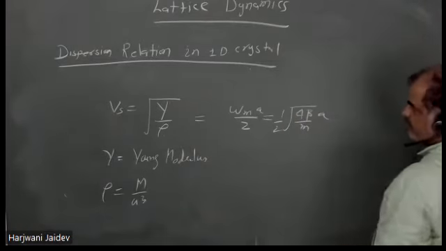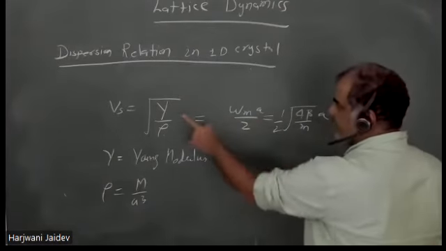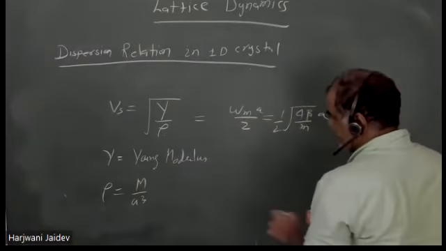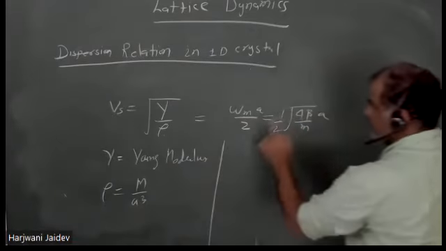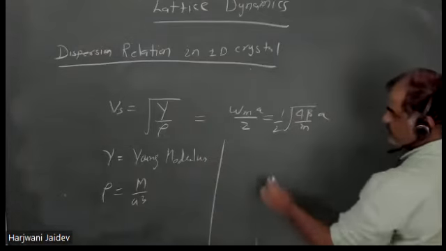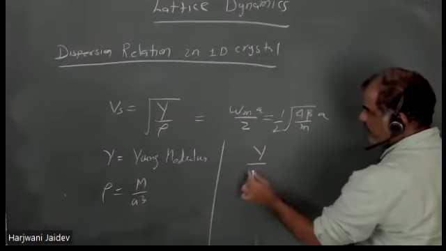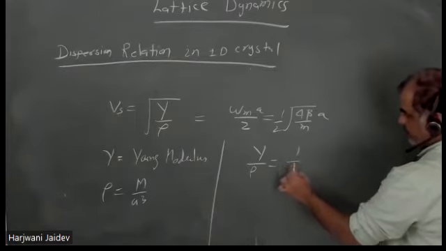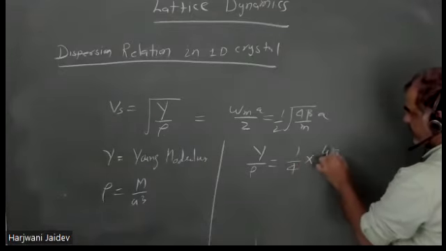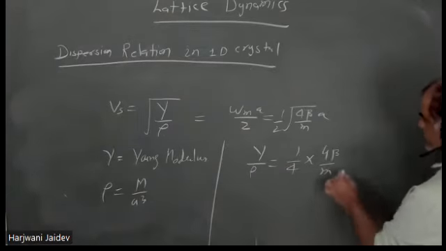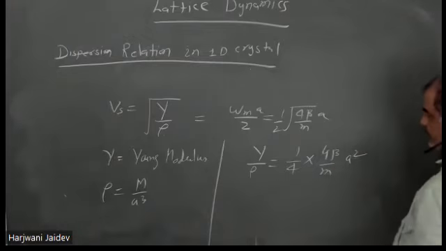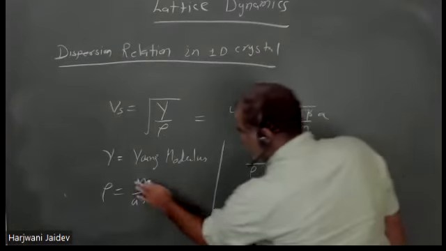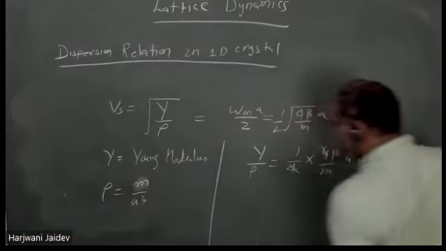So from here I can get the relation between beta and Young modulus. If I want to derive the relation, make it a square. So Y by rho will be equal to 1 by 4, beta upon m, a square. So 4 cancels with 4. Now we have used small m, so rho is small m by a cube.